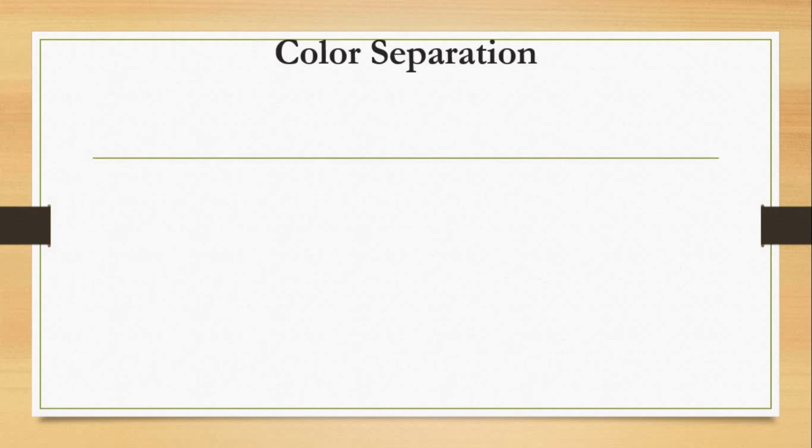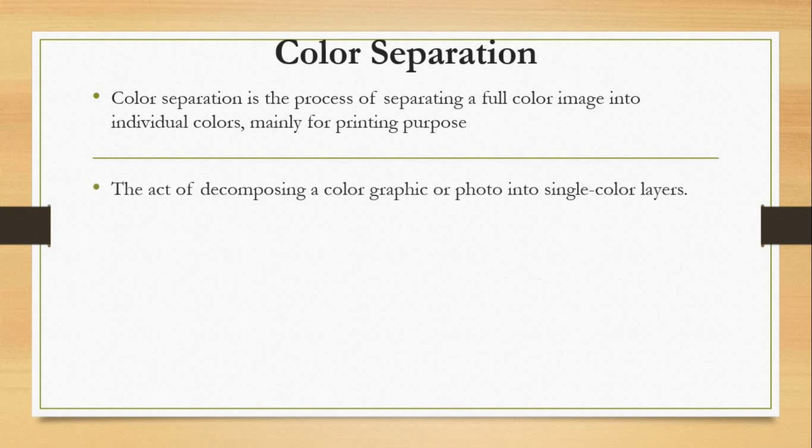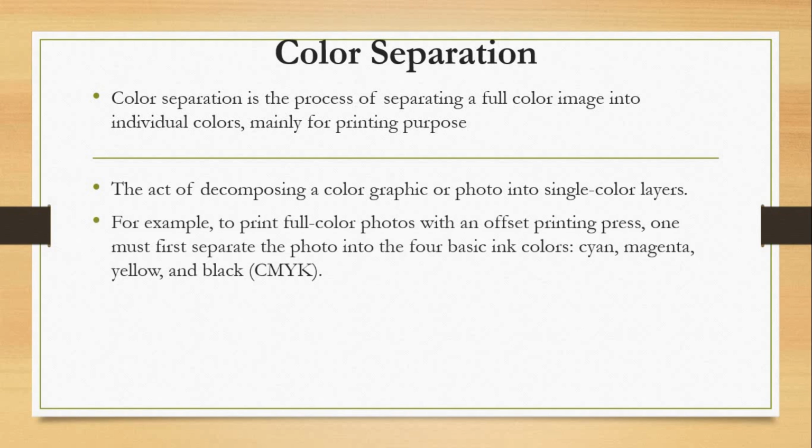So next, let's see what is color separation. Color separation is a process of separating a full color image into individual colors, and this is mainly used for printing purpose. So the act of decomposing a color graphic or photo into single color layers is called as color separation.